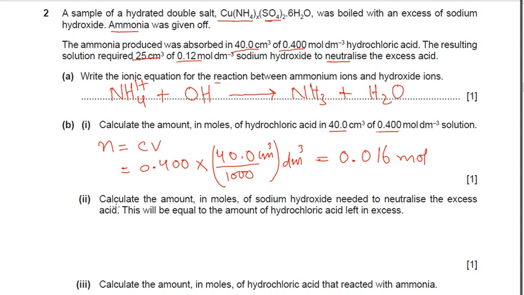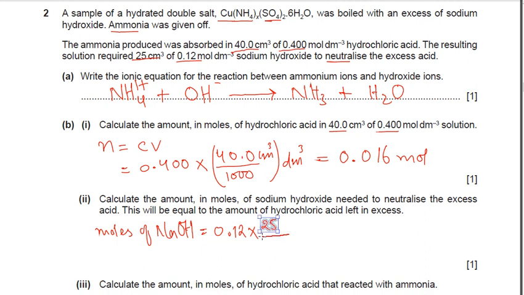So first of all it says calculate the amount in moles of sodium hydroxide, NaOH. How? By using the same formula again, as volume and concentration are provided. The concentration is 0.12, multiplied by the volume, which is 25, but again it is in cm³.